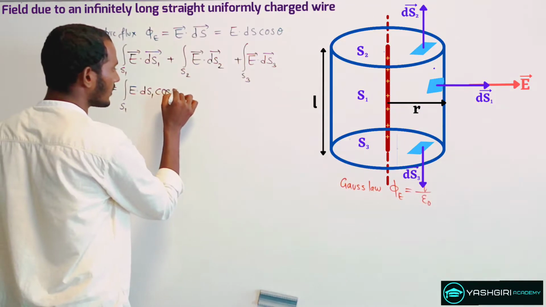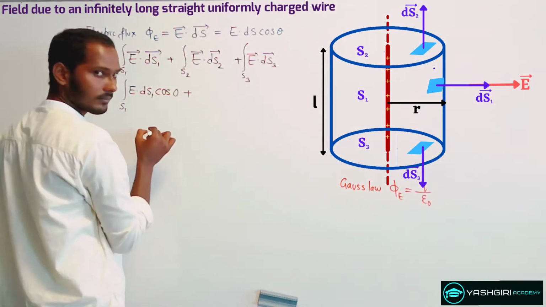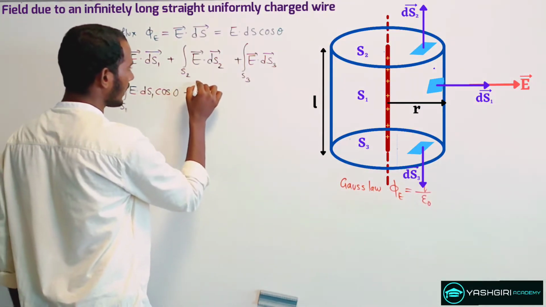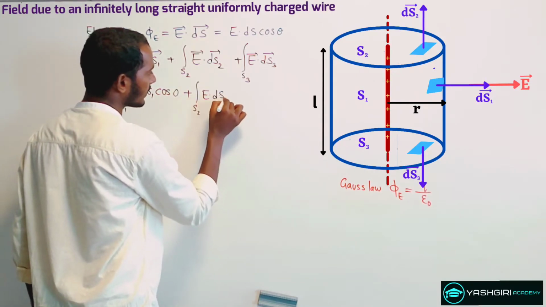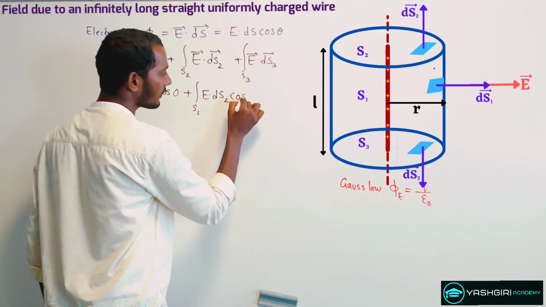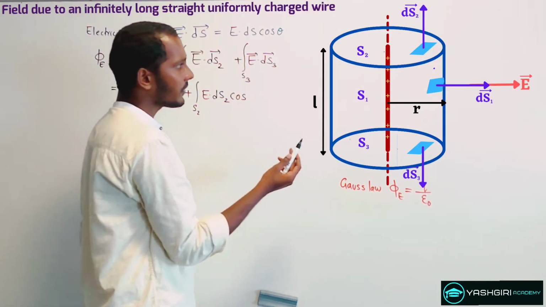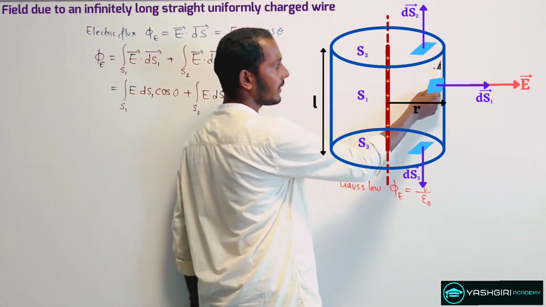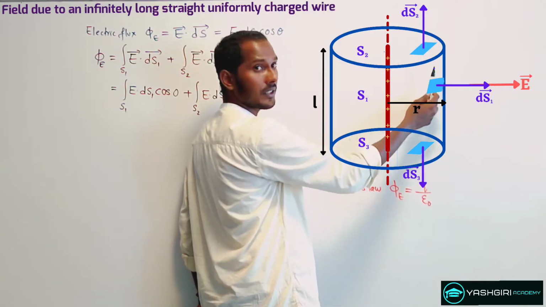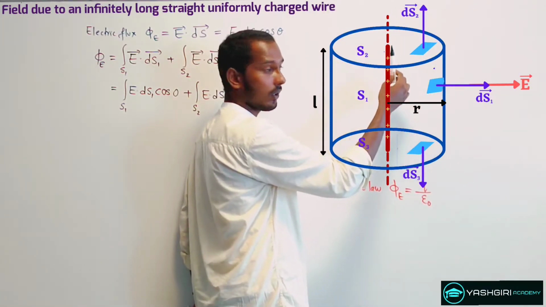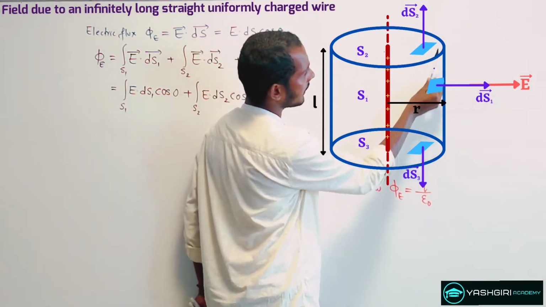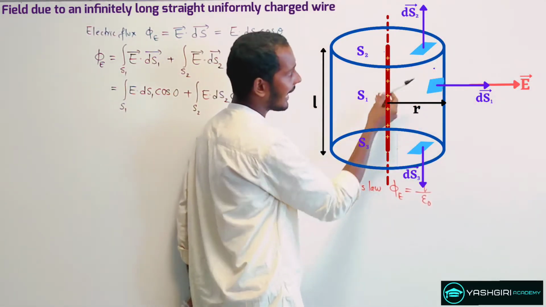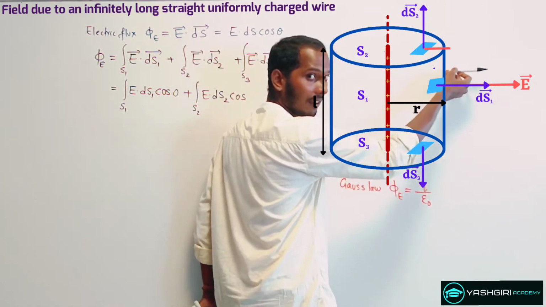So cos of 0, plus the integral over S2 of E dS2 cos theta. This time, this is the top planar area element, and the n cap for this area element is a unit vector pointing upward, and the electric field is the radial electric field, right?